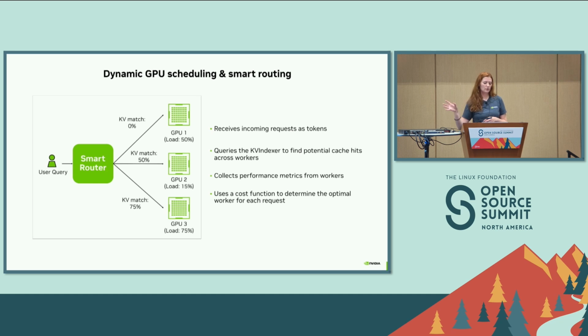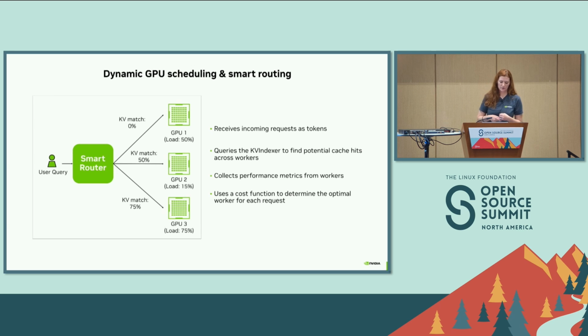If there are GPUs, or a conglomerate of GPUs, that have a high KV cache match with your incoming request, you can simply route it to a particular GPU. You can also do something next level. You can take not only the KV cache match, but also the load into the picture and provide your custom cost function. We support that.